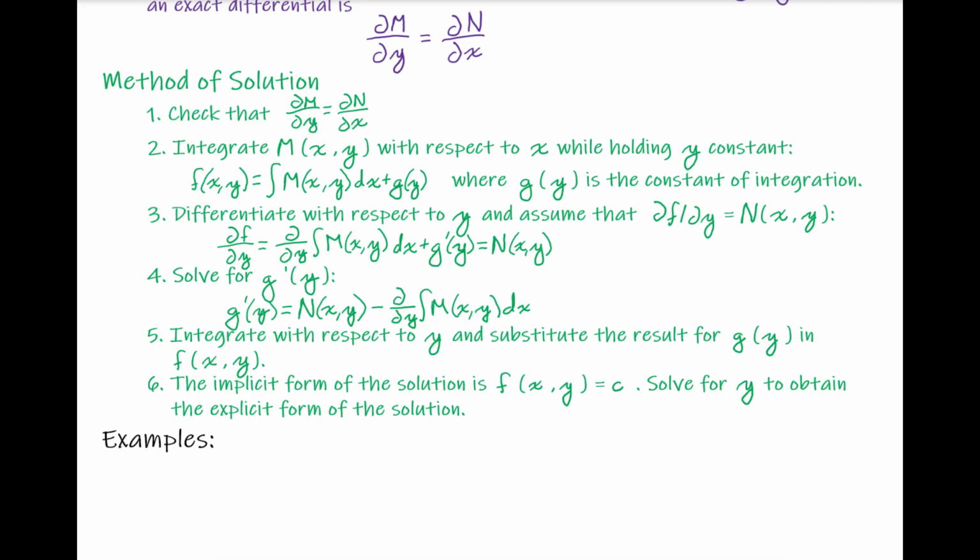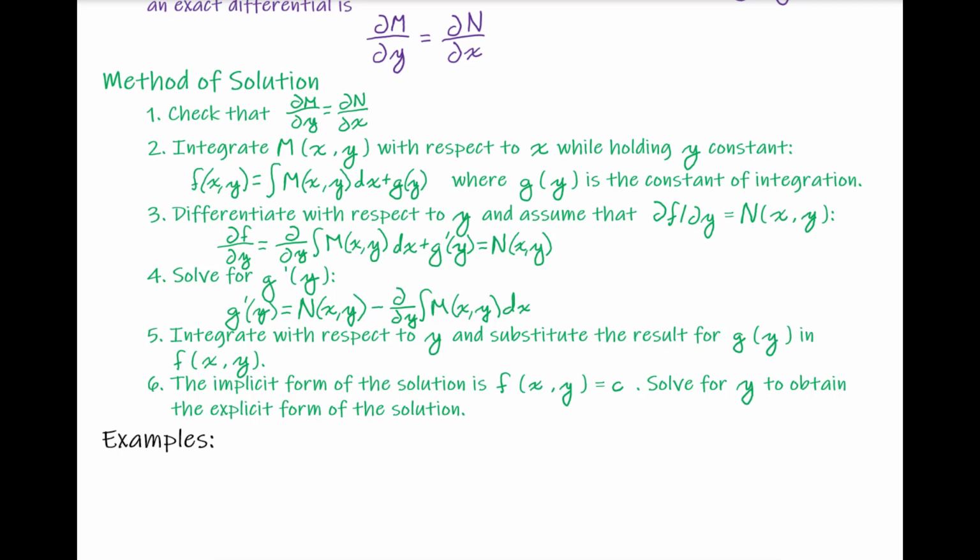So we'll take the partial derivative of f with respect to y. This will be the partial derivative of our integral of M of x, y dx with respect to y plus our derivative of g of y. And we're going to set that equal to N of x, y.